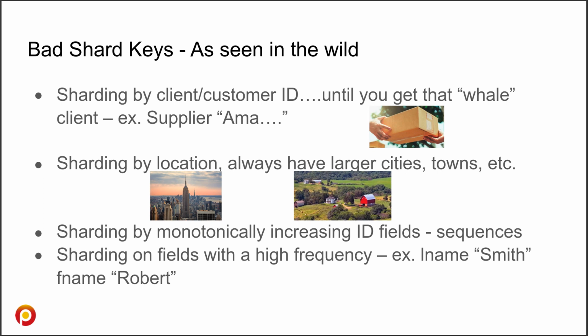And then sharding on fields with a high frequency. The example given, at least in the United States and England, a last name like Smith is going to be probably one of the most common names there. So you're going to have way more of those than other last names or family names. Similarly with Robert or Michael, you're going to have more of those than others. So it might not be a good shard key.